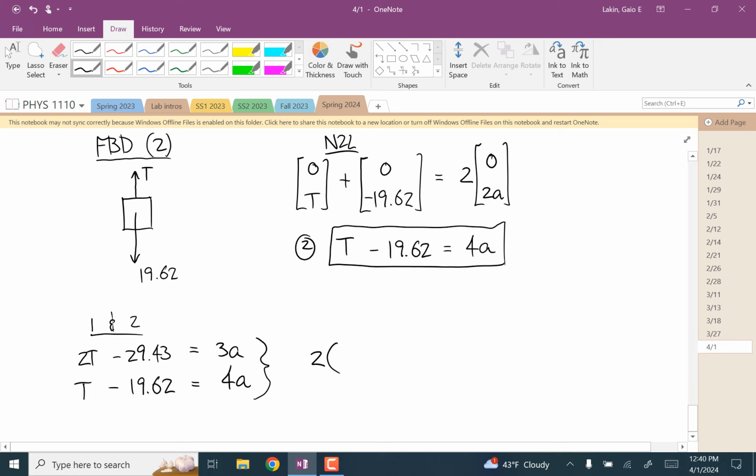So 2 times what the second equation says T is, which is 4a plus 19.62, minus 29.43 is equal to 3a.